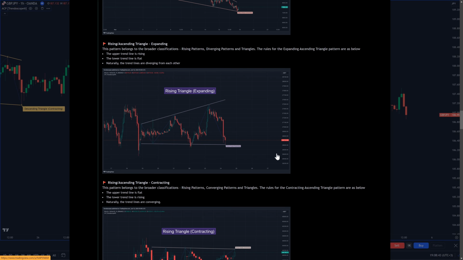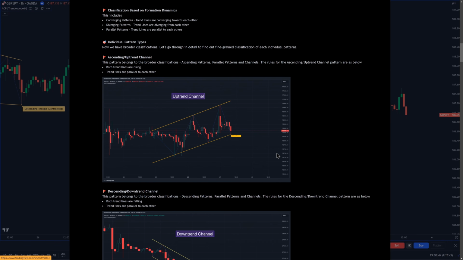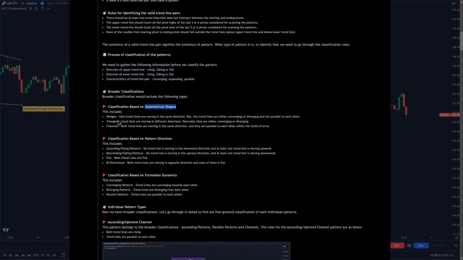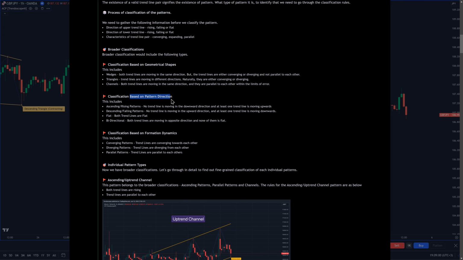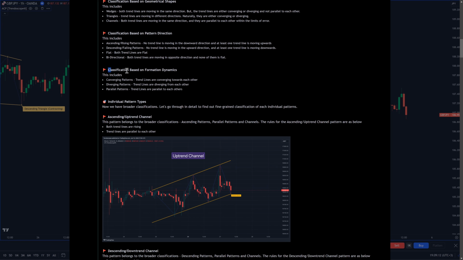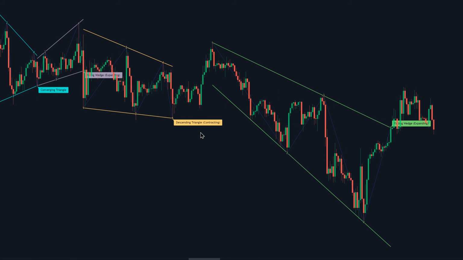This indicator categorizes patterns based on geometrical shapes, which gives us the wedges, triangles, and channels. It also categorizes them based on pattern direction, which gives us ascending, descending, and flat patterns. And lastly, it categorizes them based on dynamics, giving us converging, diverging, or parallel patterns. Users can customize the settings of this indicator to suit their needs.